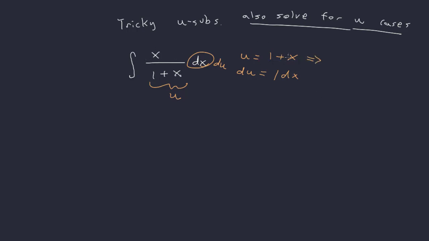Here we just solve this for x to get that u minus 1 equals x. And when we do that, that means our x we can replace with a u minus 1. All right, so our new integral here will become u minus 1 on the top, u on the bottom, du.